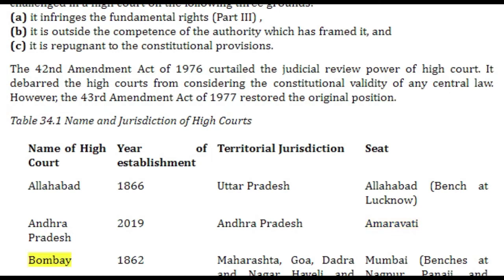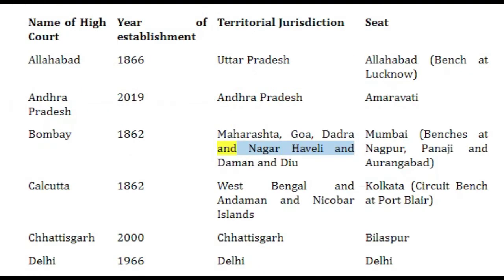Bombay, 1862, Maharashtra, Goa, Dadra and Nagar Haveli and Daman and Diu, Mumbai, benches at Nagpur, Panaji and Aurangabad. Calcutta, 1862, West Bengal and Andaman and Nicobar Islands, Kolkata, Circuit Bench at Port Blair.